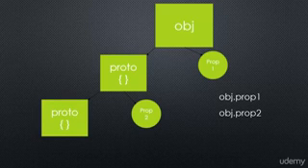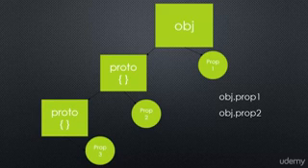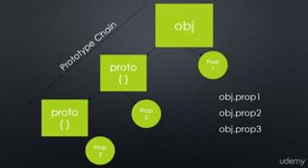And the prototype also might point to a prototype, its own prototype, a different object, which might have its own properties and methods, and we can still take my object and say dot, whatever property name, and we'll still have access to it. So it's not just what's directly connected to my object, but down what's called the prototype chain. I have a sequence of objects connected to each other, and I can access properties on any of those objects down the line without having to specify which one it is.